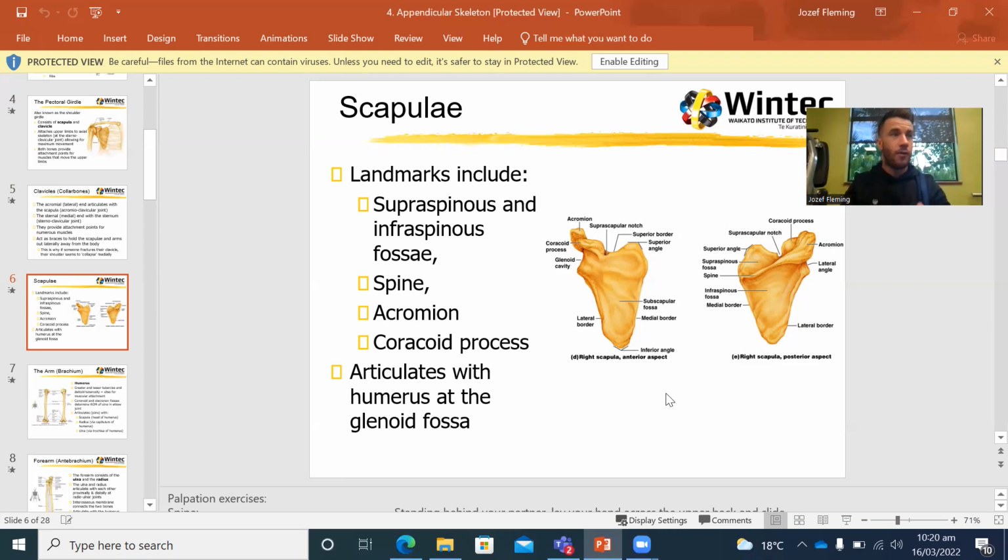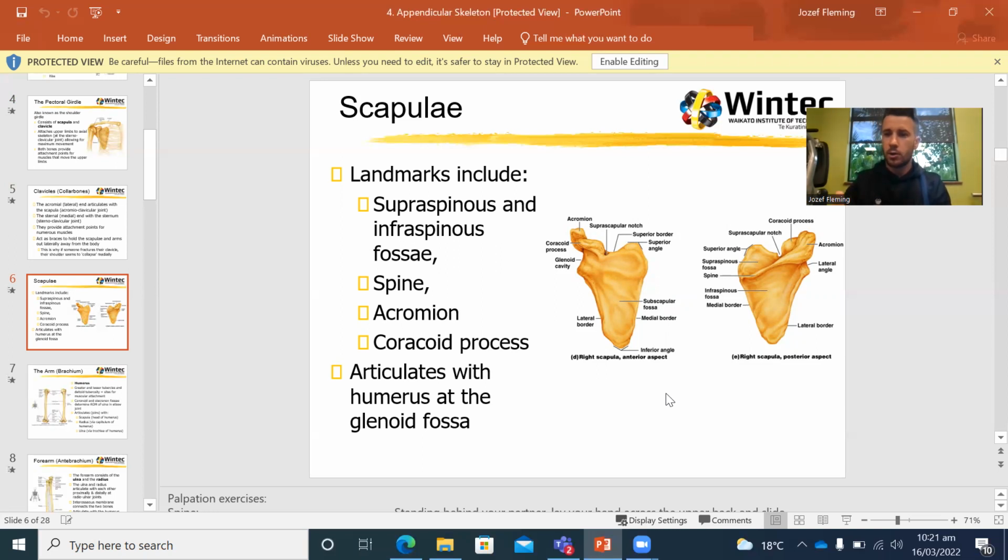That way, if we work this movement pattern, we're going to be able to increase our range of motion, strength, or stability in this area. Understanding all the landmarks of all the bones is important when we talk about muscle attachment, ligaments, tendons, and so on.